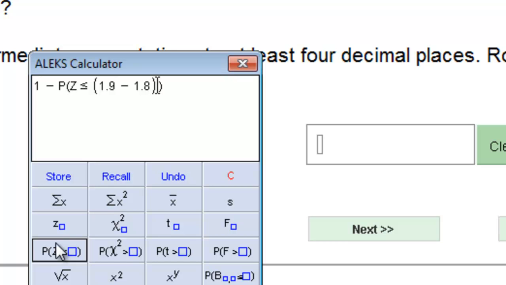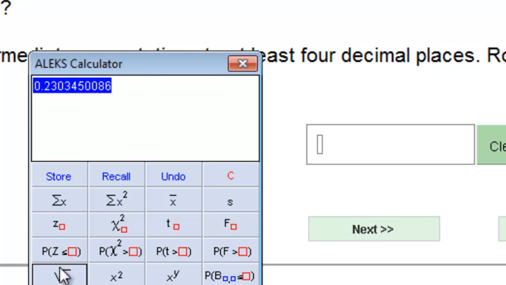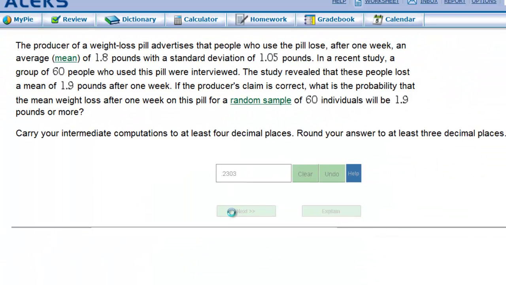I am dividing all that by my standard error, which is 1.05 divided by the square root of, what's my sample size? Sorry, 60. Tap out of that, close that parenthesis, and that looks good. Enter. The answer is there's a 23% chance of having higher weight loss than 1.9 pounds per week. 23.034, we'll just put 23.03, and now we're done.